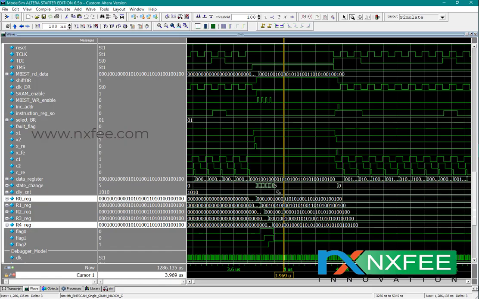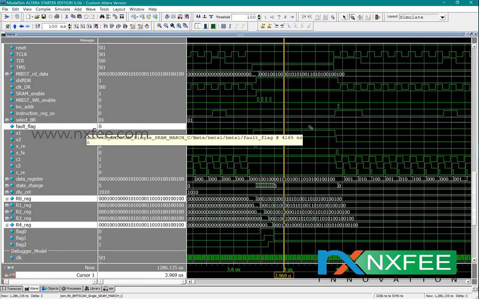Once they match, we generate a fault bit equal to 0. So this is a fault flag equal to 0, and we return to the initial state, and also we initiate data transfer with the support of the shift BR and clock DR signals.